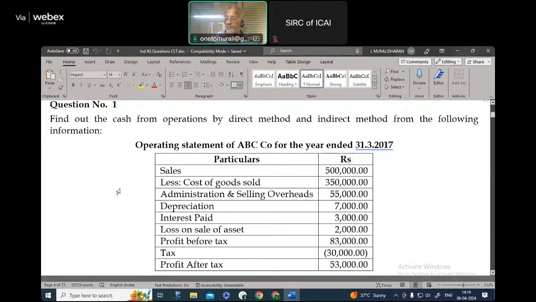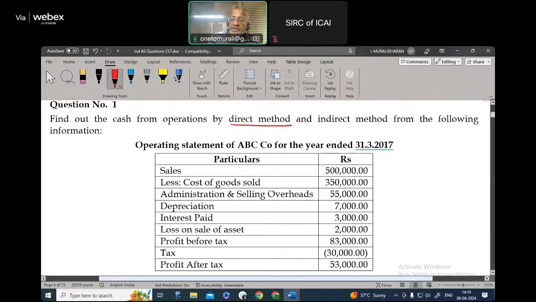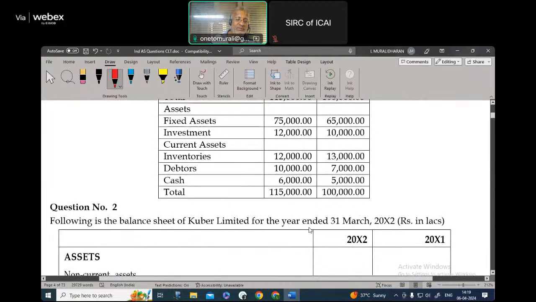Now let us take up for the purpose of discussion. Firstly, direct method. For direct method, we need to know how much is the collection from customers. To know about that, we need to have our debtors account, opening and this being closing.